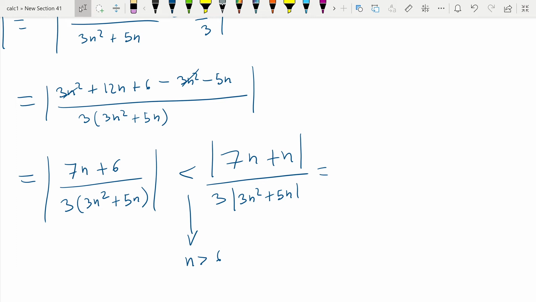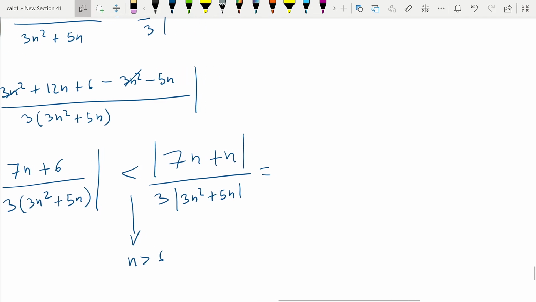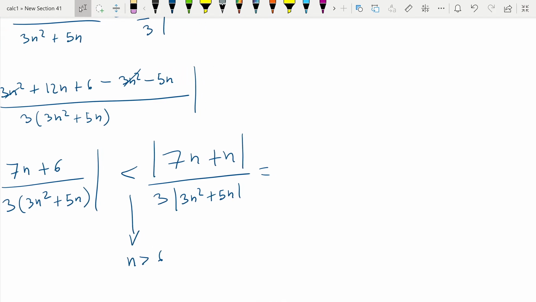So you're going to have to bound your expressions at some point anyway, so you might as well do it from the beginning. Since you only care about the existence of one n, you don't want to find the optimal n. You just want to find one n beyond which this quantity that we have at hand is smaller than epsilon.